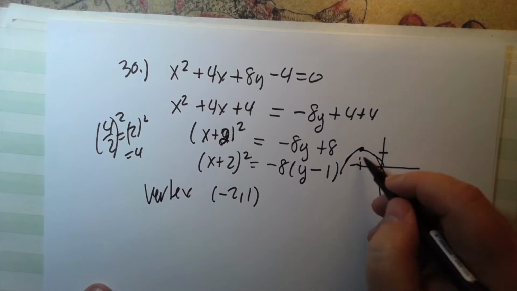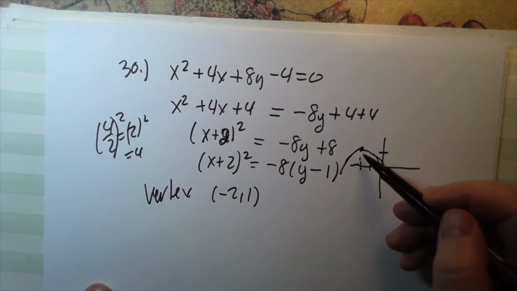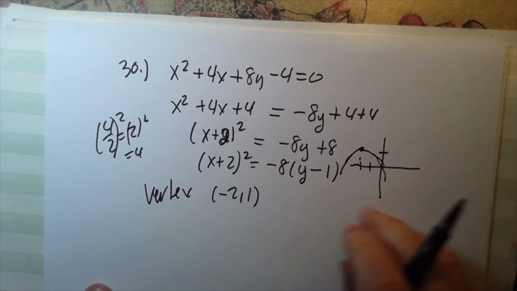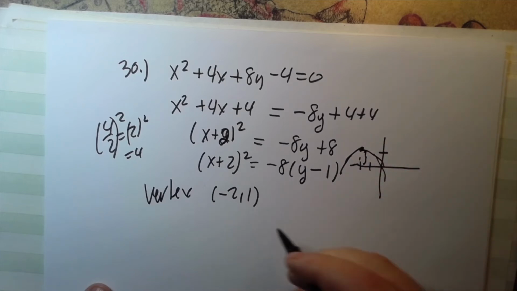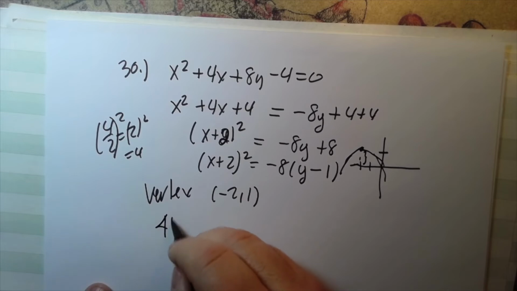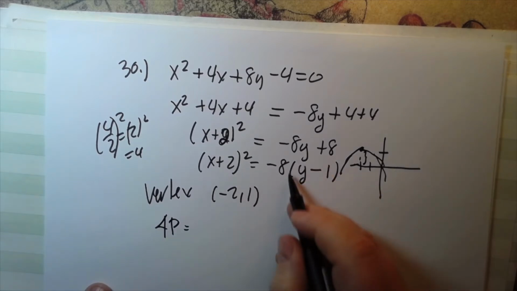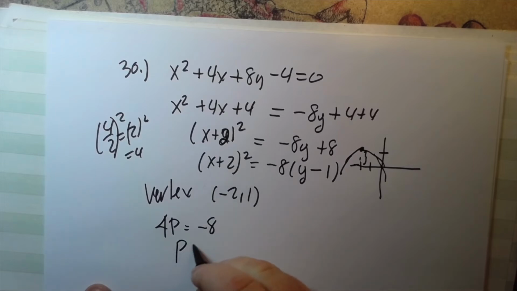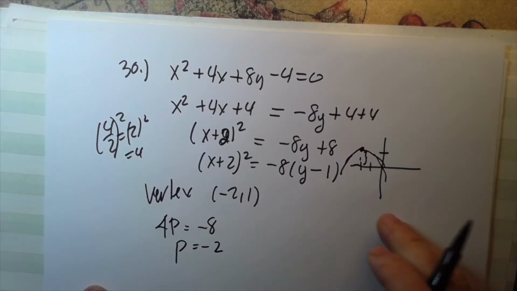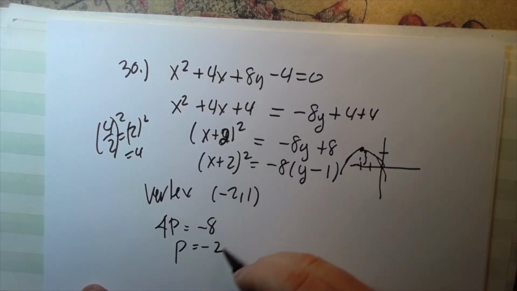So that means my focus I'm going to subtract from the y value, because that's this distance. And so I need to find p. So 4p is equal to -8. So my p is equal to -2. Now as a distance, that's always positive.